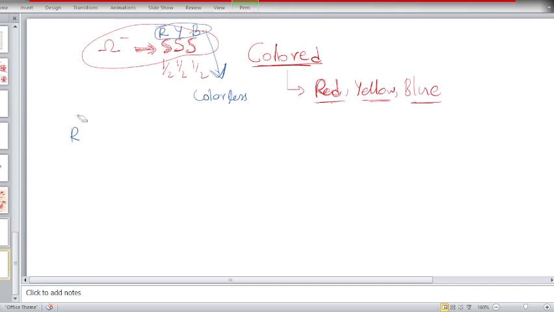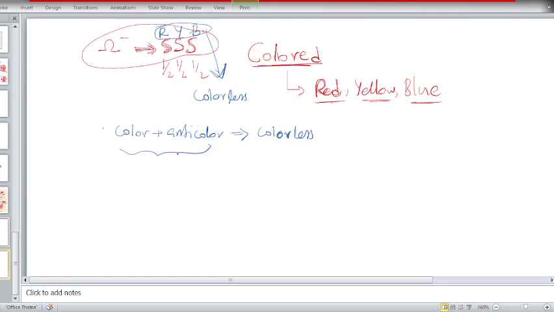Okay, so if one is color and the other one is anti-color, then that will make the particle colorless. And all the mesons are made up of this color, anti-color combination.